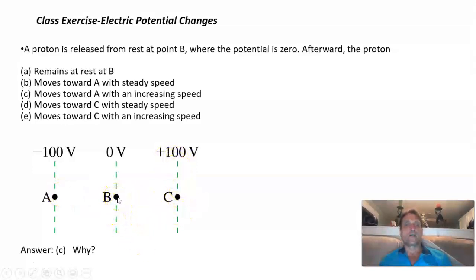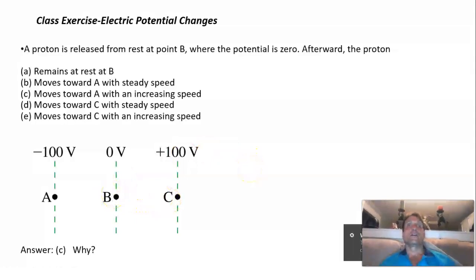So the negative charge would go to the right toward higher potential. It would be losing potential energy and gaining kinetic. So negative charge would go to the right toward higher potential. Positive charge would go to the left toward negative potential.